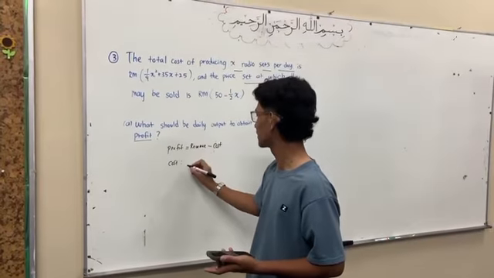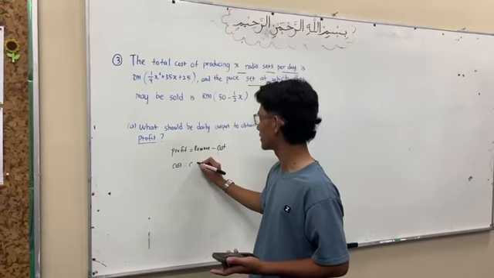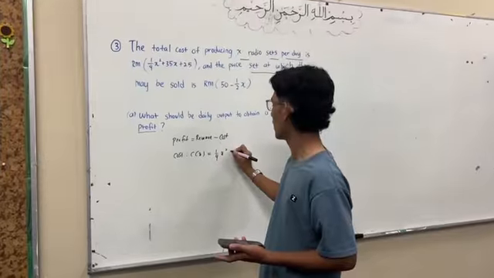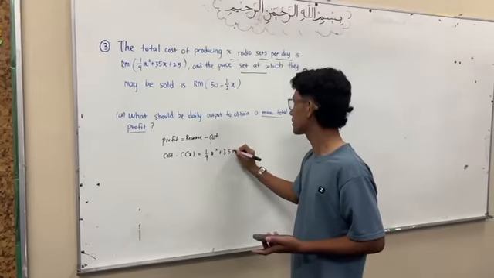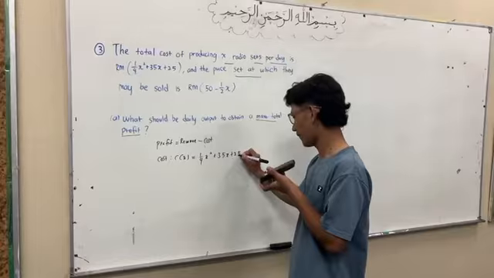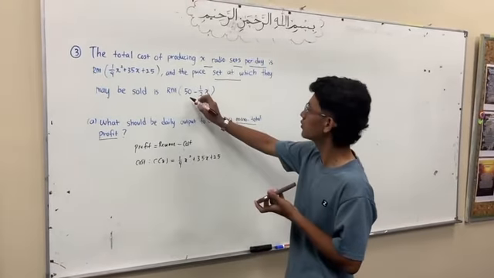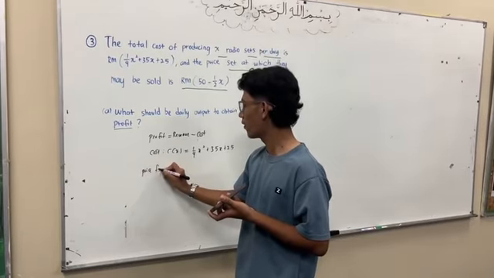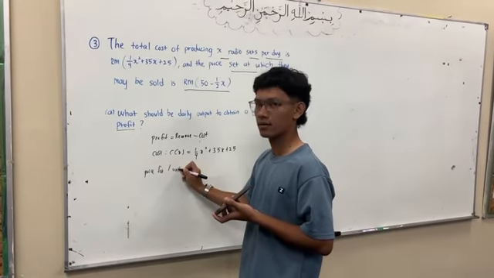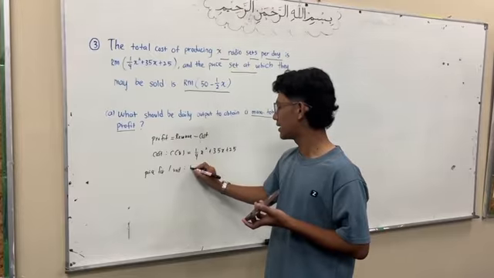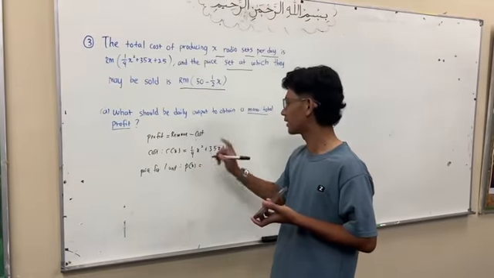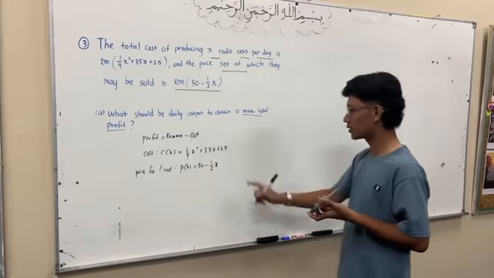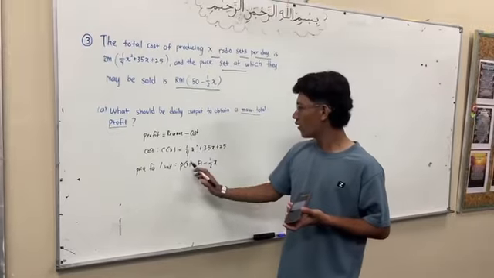The cost you can write as Cx equal to 1/4 x squared plus 35x plus 25. So this one is the price for 1 unit, right? So I label it as Px. Px equal to 50 minus half x.